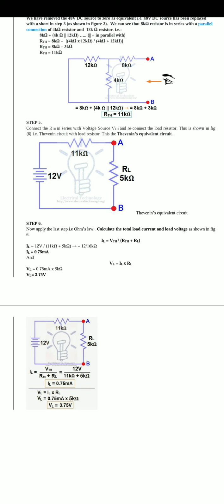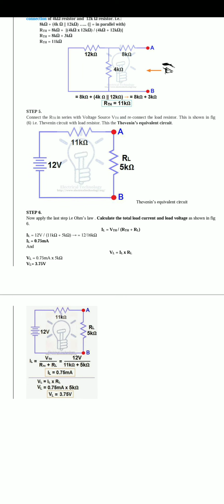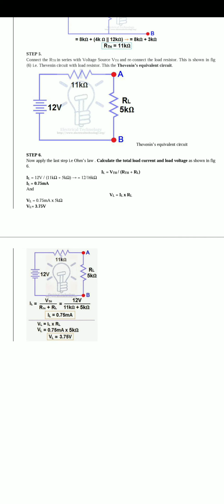The load voltage across the 5 kilo ohm resistor is 3.75 volts. So load current IL equals V Thevenin divided by R Thevenin plus RL. So total voltage divided by total resistance. So now we can find the load resistance.